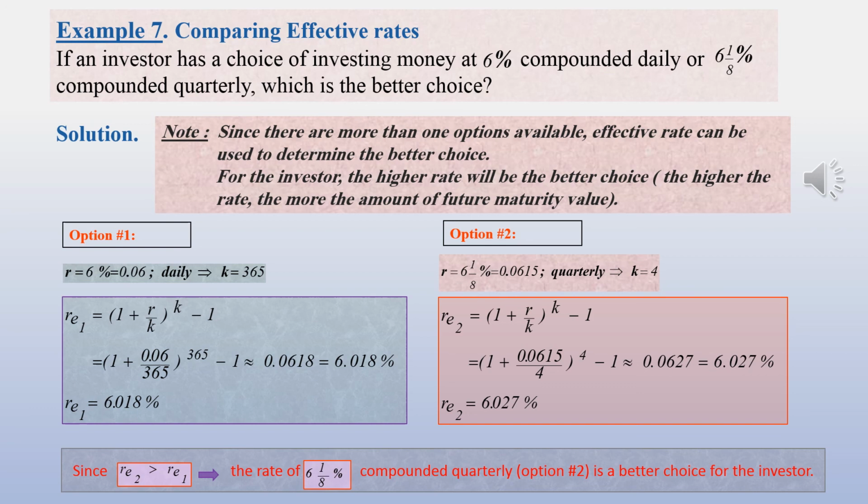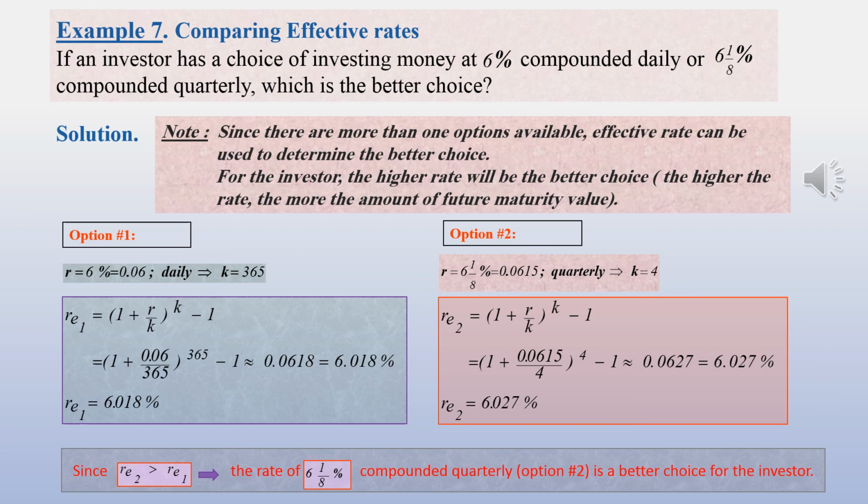The last example of this section is example 7, comparing effective rates. If an investor has a choice of investing money at 6% compounded daily or 6 1/8% compounded quarterly, which is the better choice?